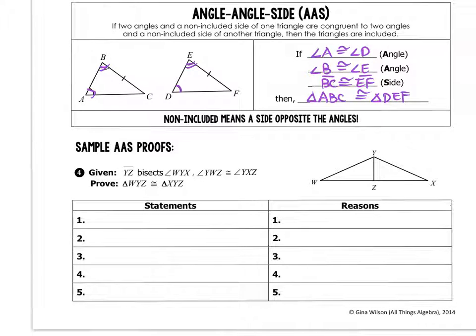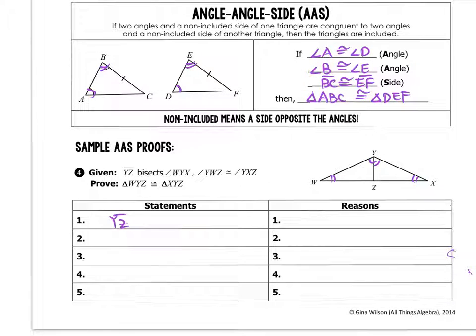So look at the fourth problem here. YZ bisects angle WYX, which means that these two must be congruent. And angle YWZ, which is this one, is congruent to angle YXZ, which is this one. And we're asked to prove the two triangles are congruent.